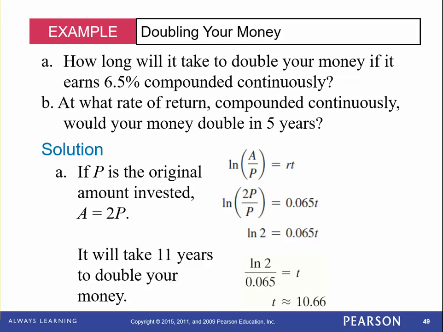I think we've done these in 4.1. So now that we learned this whole concept of the ln function, let's see if we can do this a little faster. If P is the original price, that means the A value is going to be 2 times P, because you're doubling your money.